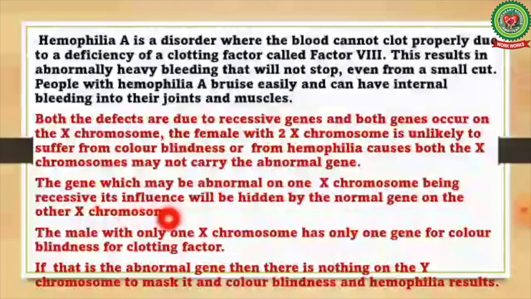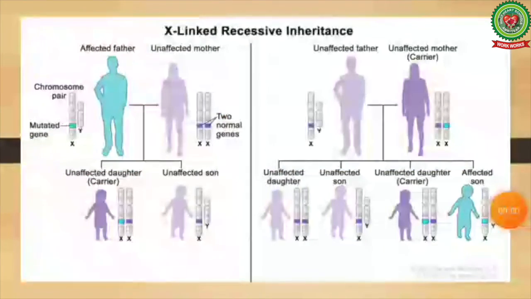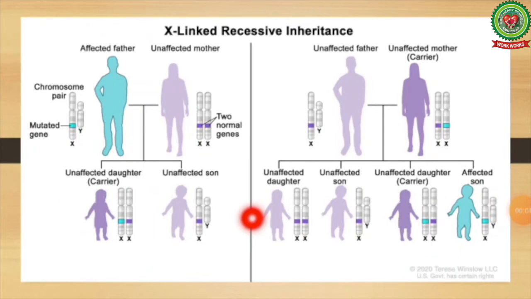The male with only one X chromosome has only one gene for color blindness and for clotting factor. If that is the abnormal gene, then there is nothing on the Y chromosome to mask it, and color blindness and hemophilia results.